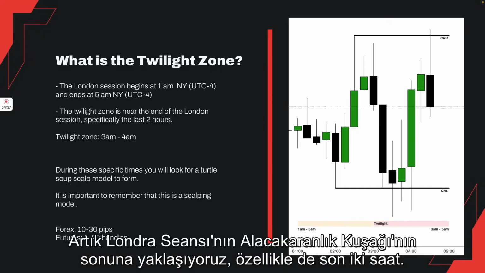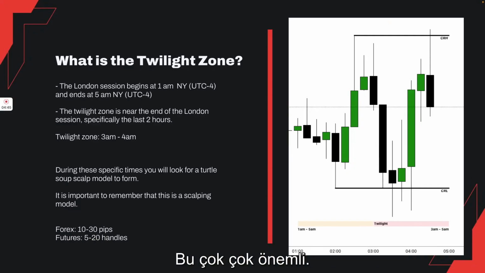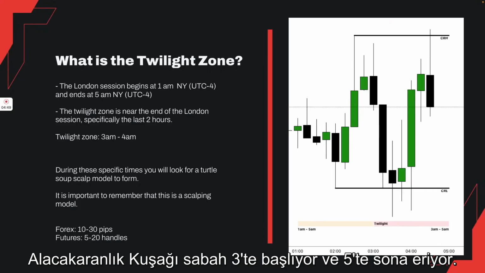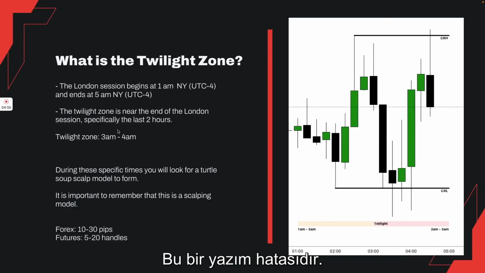Now, the Twilight Zone is near the end of the London session, specifically the last 2 hours. This is very, very important. The Twilight Zone begins at 3 a.m. and ends at 5 a.m. This is a typo.